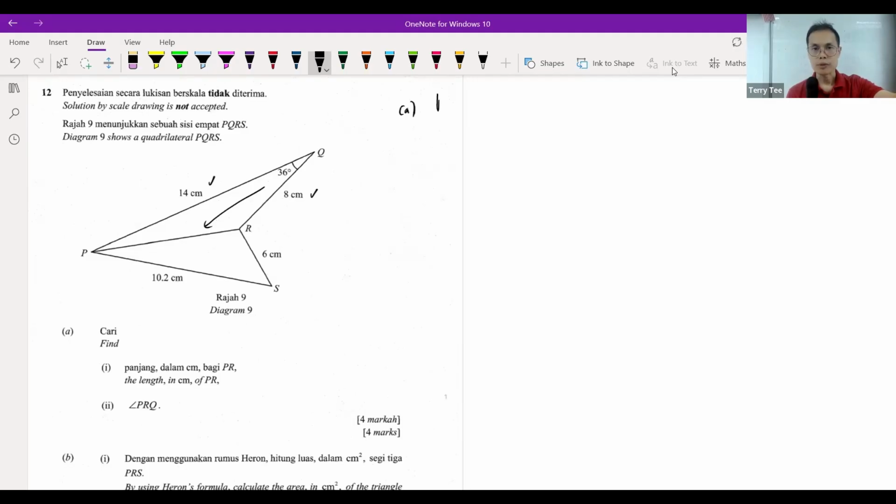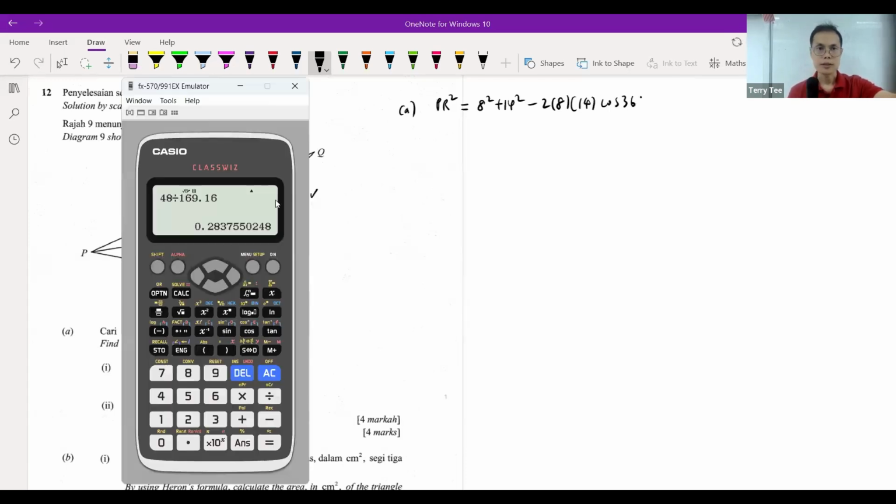So let me write here, PR square is 8 square plus 14 square minus 2 times 8 times 14 cos of the angle in between, which is 36. Okay, so use your calculator, 8 square plus 14 square minus 2 times 8 times 14 times cos 36.